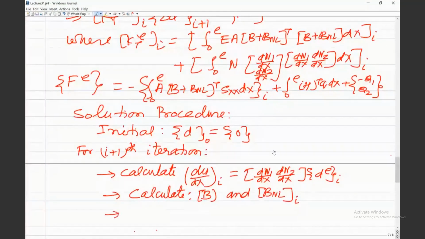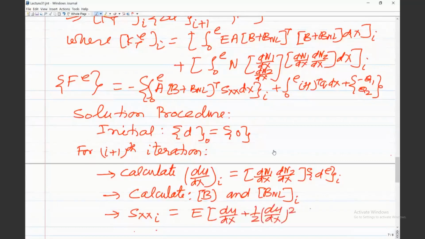And then once you have calculated this, you can calculate Sxx. So Sxx at the previous iteration will be Young's modulus E times the strain, which is du by dx plus half of du by dx whole square, and this is evaluated at the previous iteration.